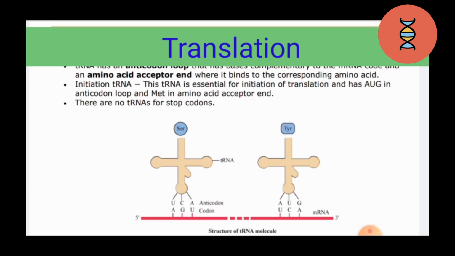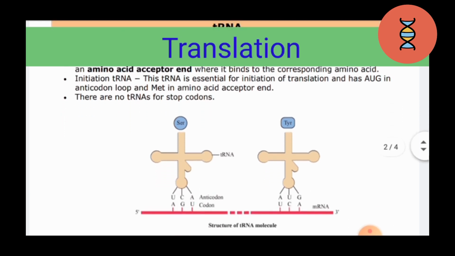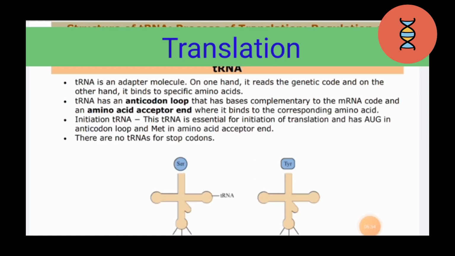Now the next part that we discuss is what is initiator tRNA. The next important thing which I want to share with you all is what exactly the initiator tRNA is. It is a special type of tRNA which binds specifically to the codon AUG, which codes for methionine, right?